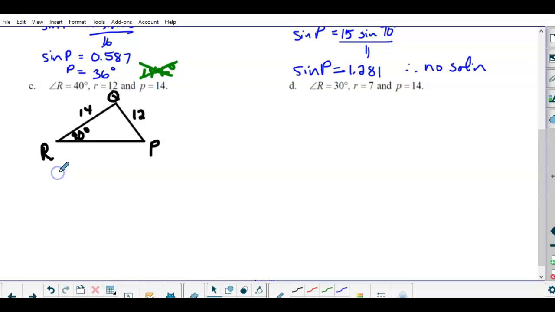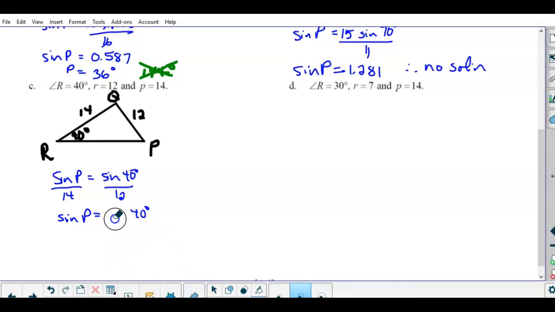Okay, so sine of P over 14 equals sine of 40 over 12. Oops, I gotta fit in the 14 there, sorry.